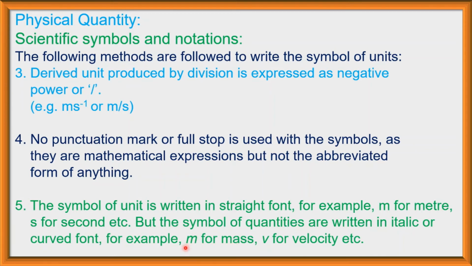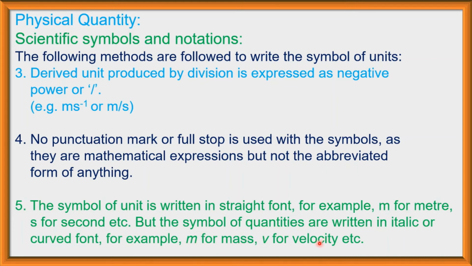Here m is in italic font. But here m is for meter, the unit of length. So the symbol of unit is written in straight font, but the symbol of physical quantity is written in italic font.